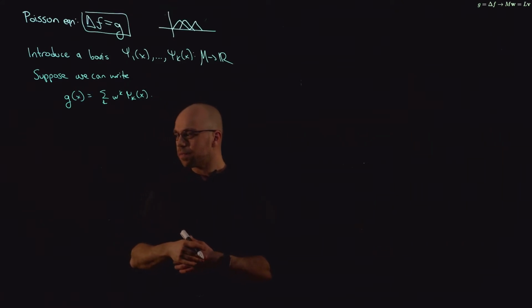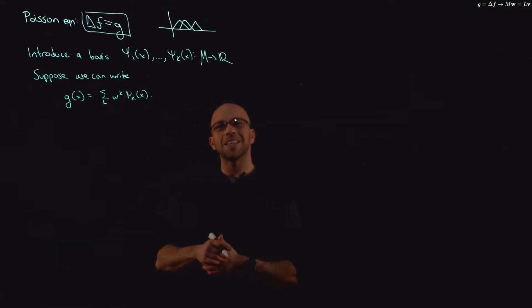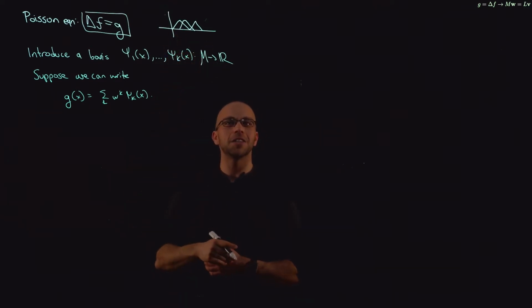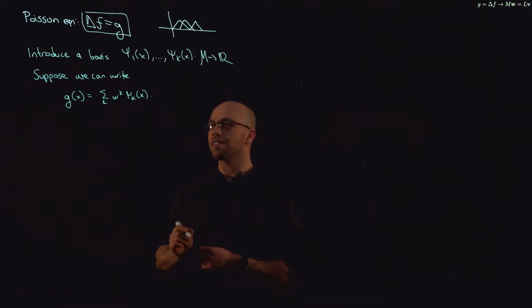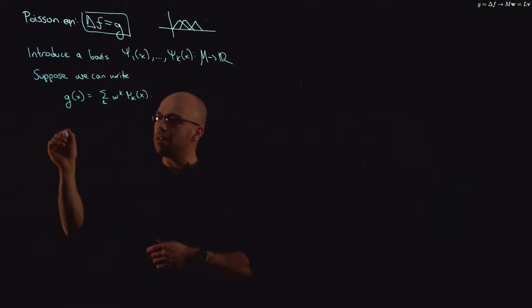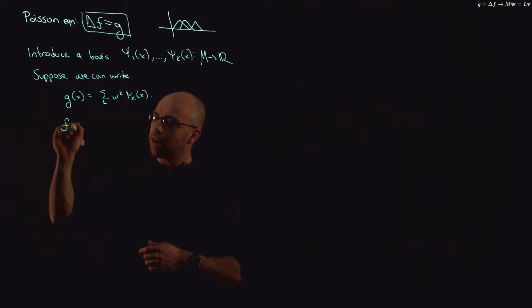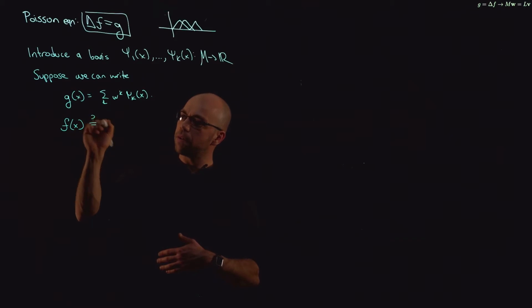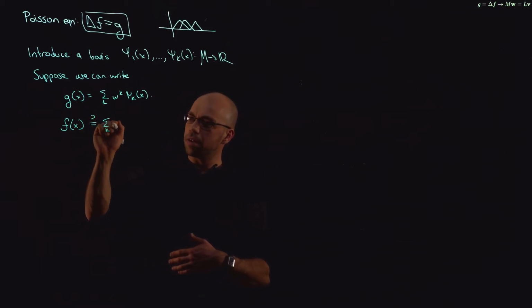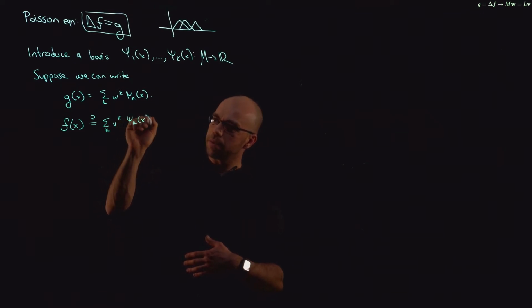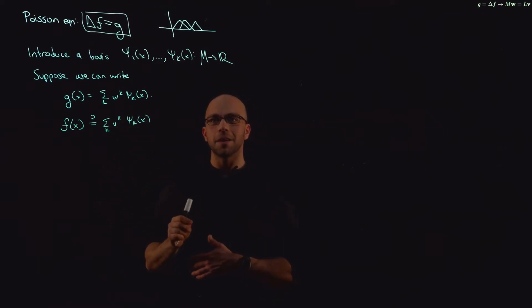If we can write g in the basis, then one tempting thing to do might be to ask: can I figure out some approximation of my output where I can write it in exactly the same basis? So maybe I try to write f as a sum over k of some other coefficients, vk psi k, so that I now have a finite number of unknowns.